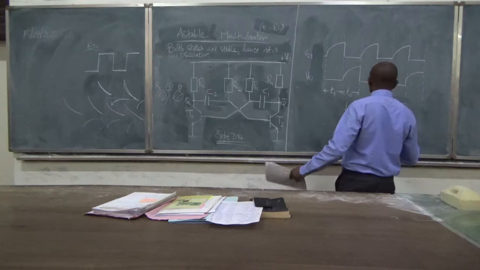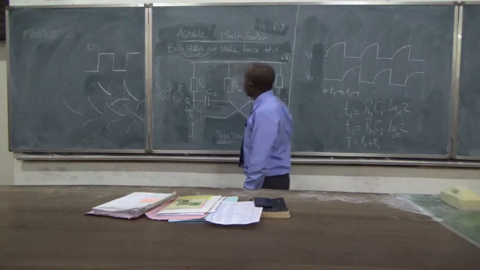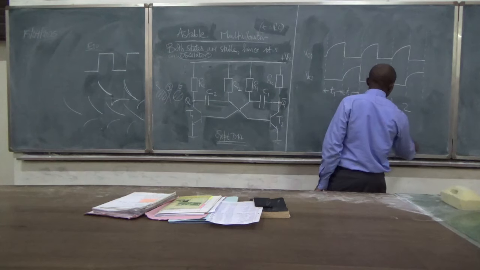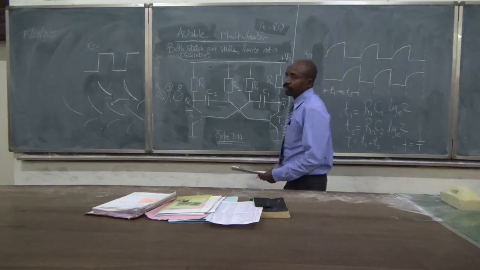And if you want to know, since it is an oscillator, you can find its frequency as the reciprocal of the period.